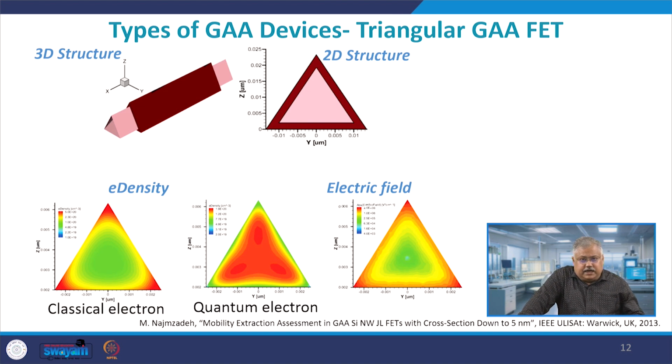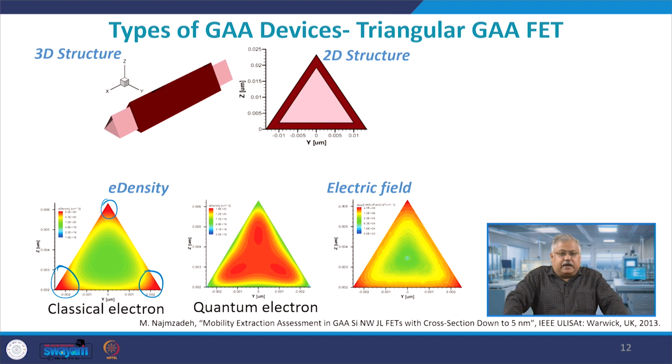The triangular GAA device, which I want to show and give you an idea about, is shown here in the electron density plot and the electric field plot. What you can see here is that near the edge the electron density is relatively high, right, which is expected because the electric field tends to become very large.